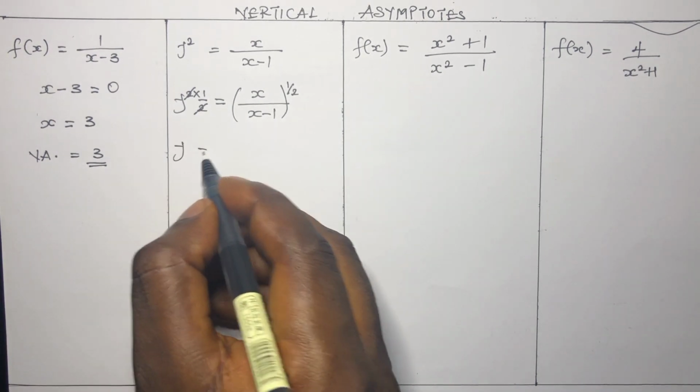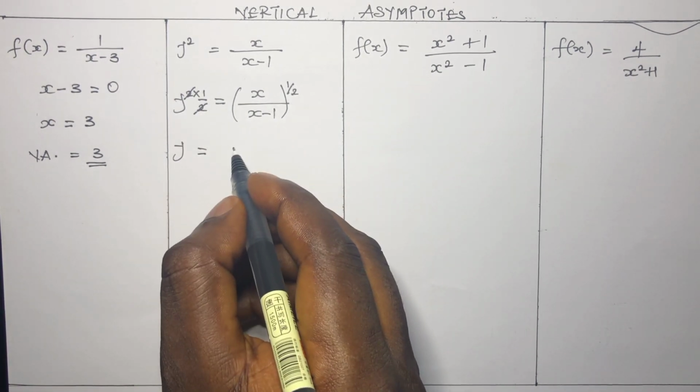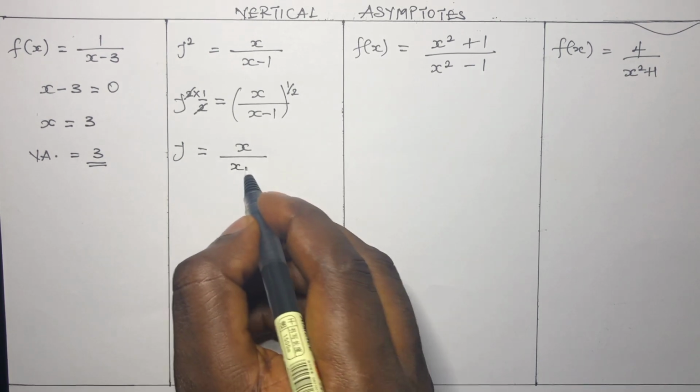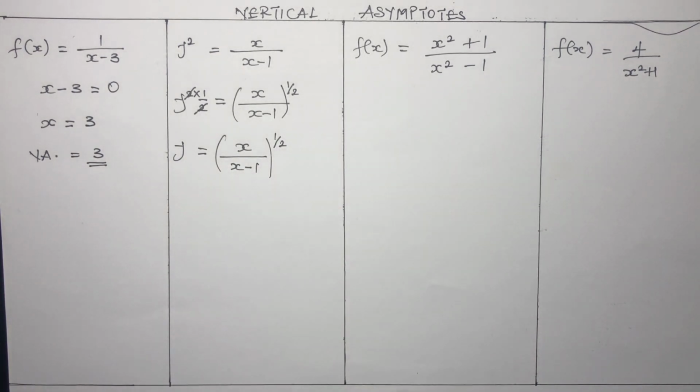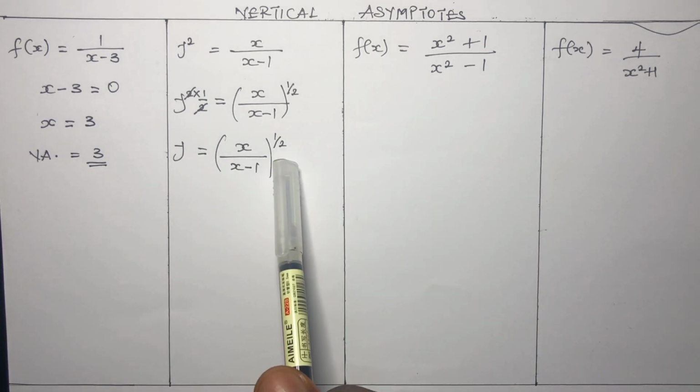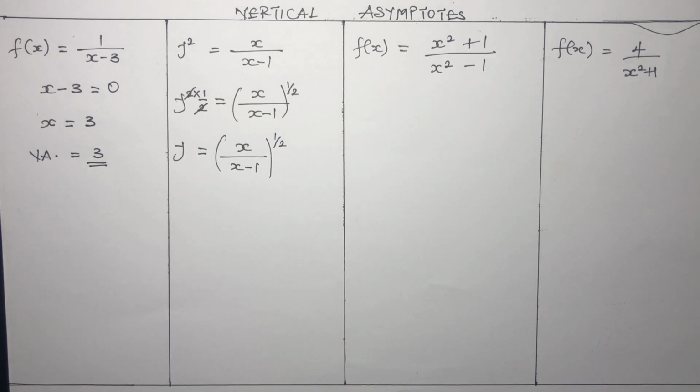We are left with y equal to x all over x minus 1, all raised to the power of 1 over 2. Now let y be equal to f of x. And we also know from the knowledge of our indices that whenever we have anything raised to the power of half, it's as good as writing the square root of that thing.